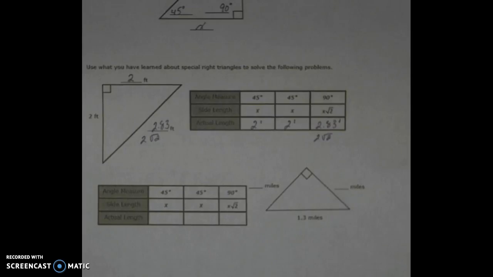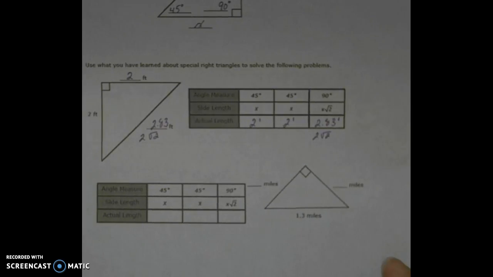If I'm looking at the last example problem, I've got the hypotenuse of 1.3 miles. I'm looking to see what each length of the leg is. I can fill in the table with my actual value, 1.3 miles.